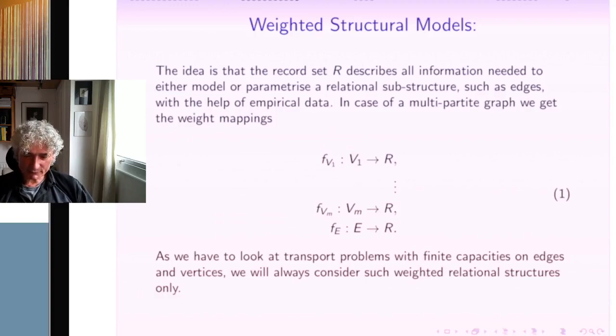Here, for example, you have the m-partite graph, the multipartite graph. So you would have the ability to weight any of these sets V1 to Vm, but you can also weight the edges in this case. And R here, as before in the previous lecture, is the so-called record set. If, for example, the weight is just real valued, then R would just be the real numbers. Okay, so you can weight.